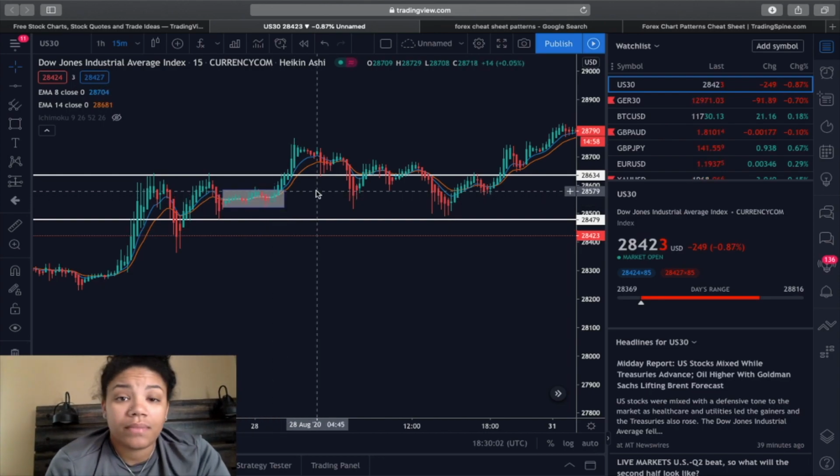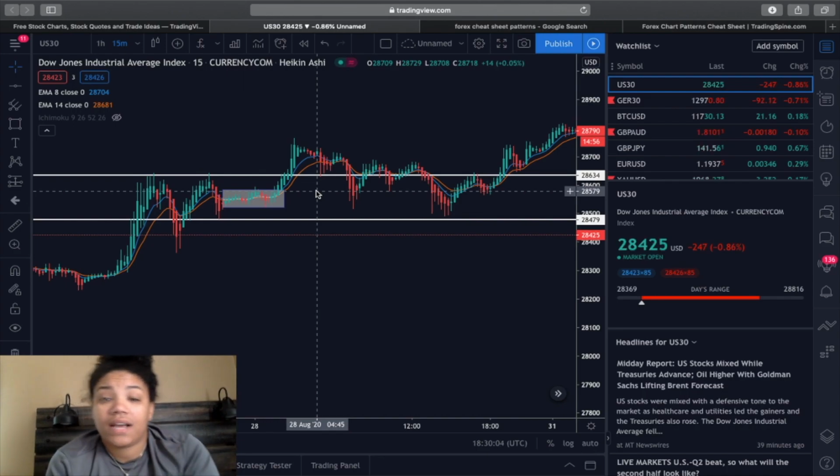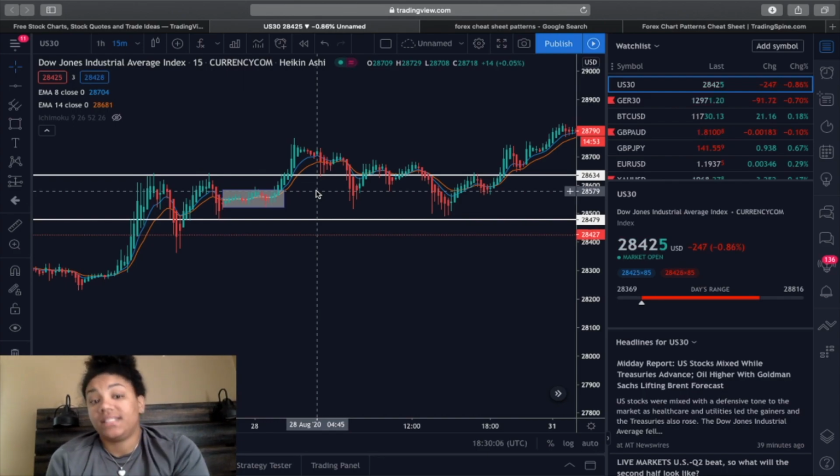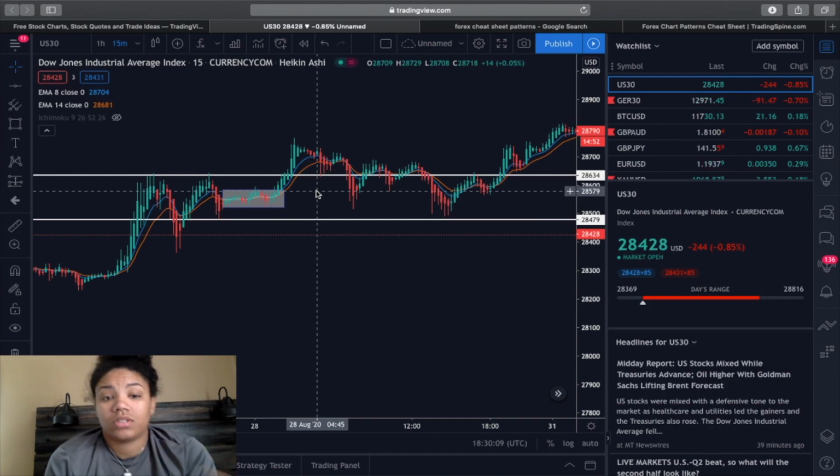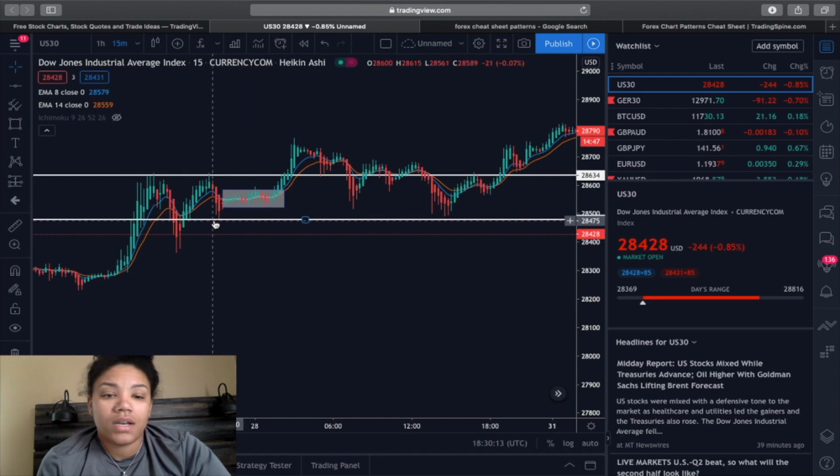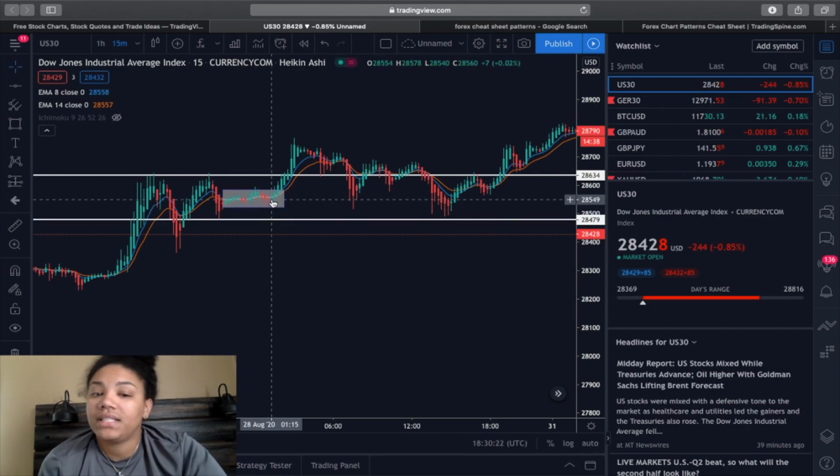And not only did it break above it, but the candlesticks have strong momentum that is headed to my next support slash resistance, right? Another reason that I can see price is going in my direction is because the EMAs had crossed.